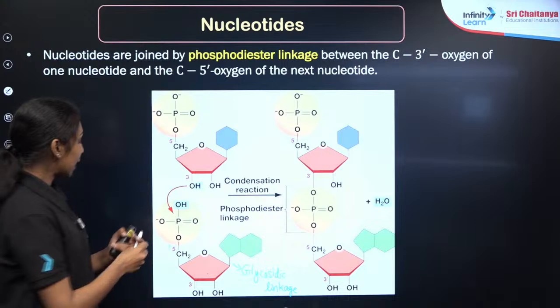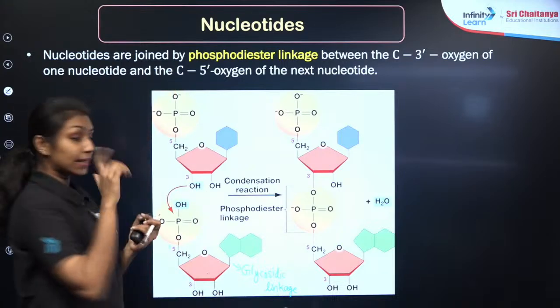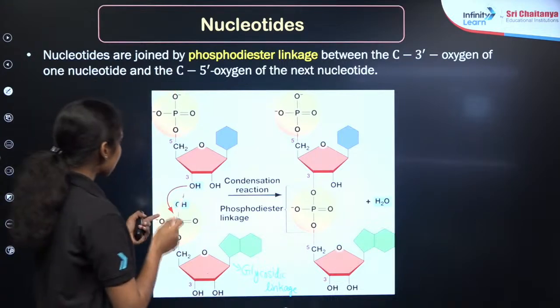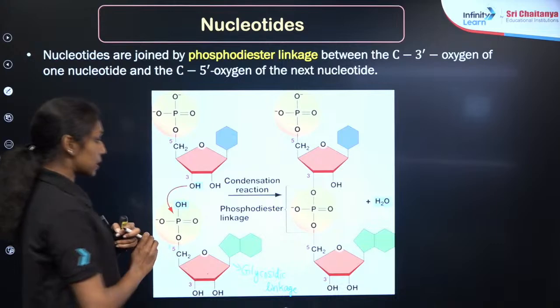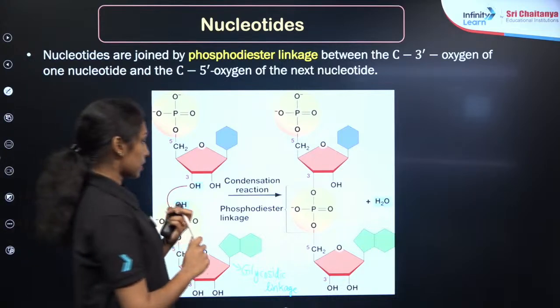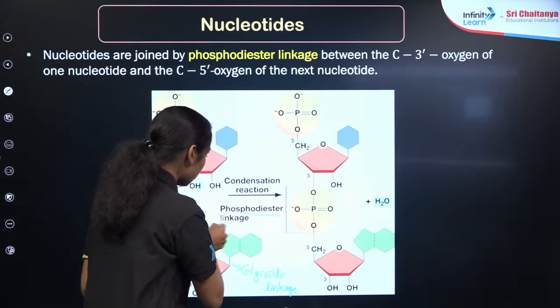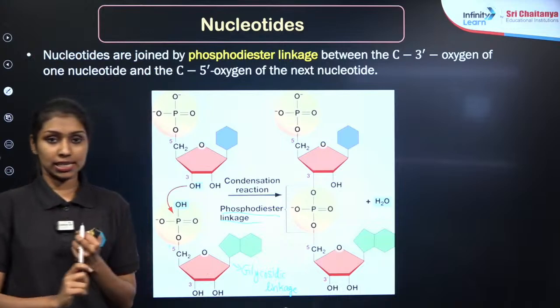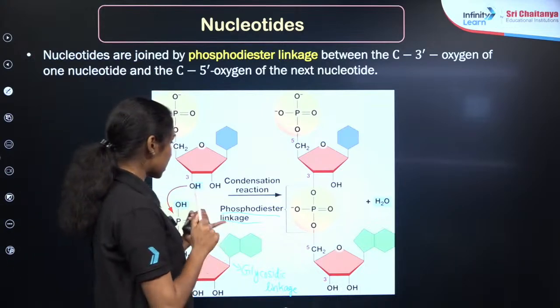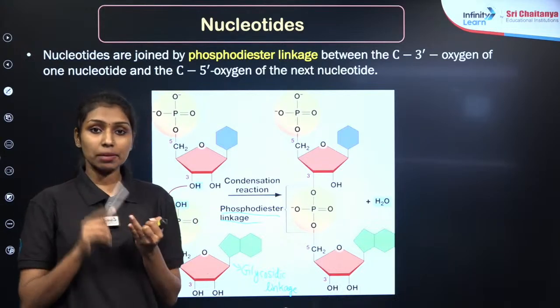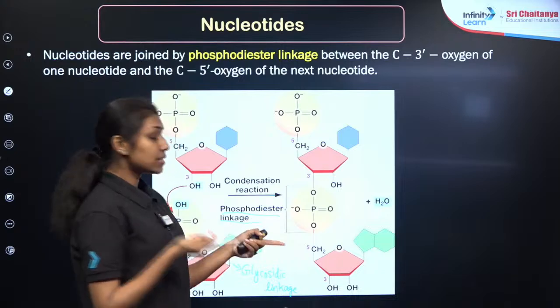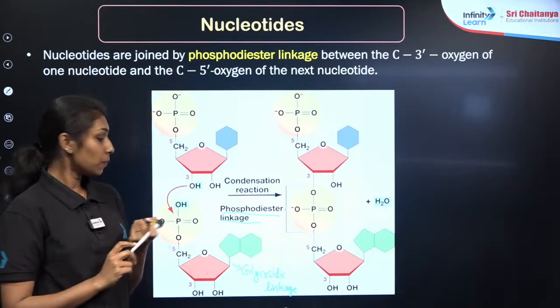So in total, in the case of a nucleotide chain, there will be two ester bonds present. These ester bonds are termed phosphodiester linkage. Phospho stands for the phosphorus present in the linkage, and di means two ester bonds. Diester means there will be two ester bonds. Clear?